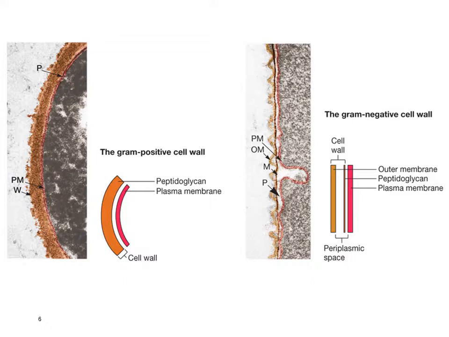If you look at the gram-negative cell wall, you'll see two periplasmic spaces, one between the red plasma membrane and the peptidoglycan layer, and another space between the peptidoglycan layer and the outer membrane. The nature of this periplasmic space in gram-positive and gram-negative cell walls is quite different. Just note also in the gram-negative cell wall that the peptidoglycan layer and the outer membrane are together referred to as the cell wall.